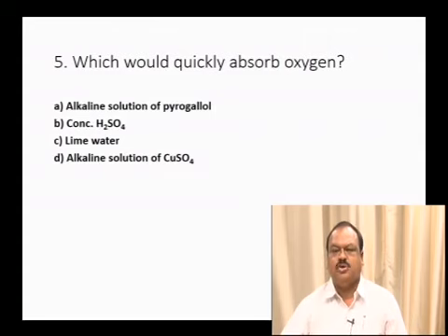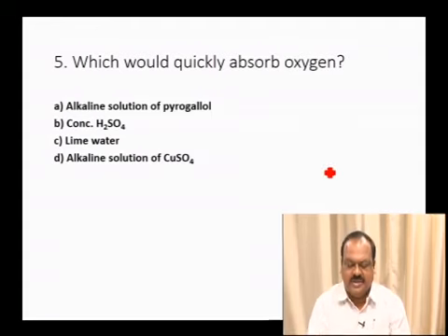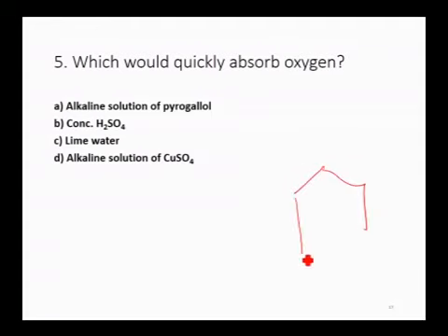So the suitable answer is alkaline solution of pyrogalol. The pyrogalol structure is 1,2,3 trihydroxybenzene. 1,2,3 trihydroxybenzene is called pyrogalol, which absorbs oxygen quickly. So suitable answer is A.